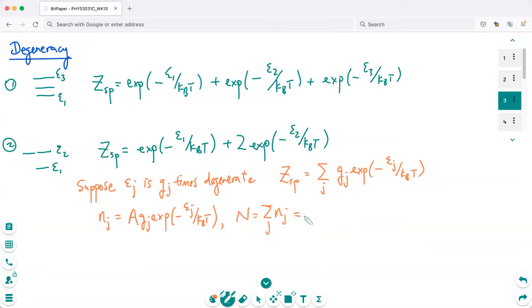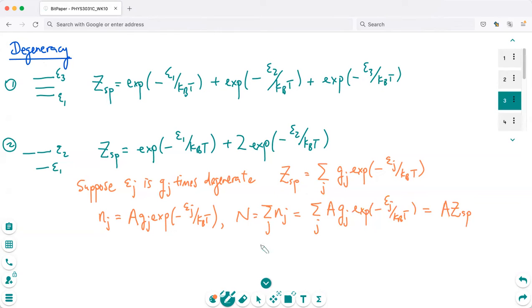And you find that this is the sum over A times G sub J times the exponential, and that is the same as before. I can pull this A out, and then I have the definition of the single particle partition function with degeneracy included.